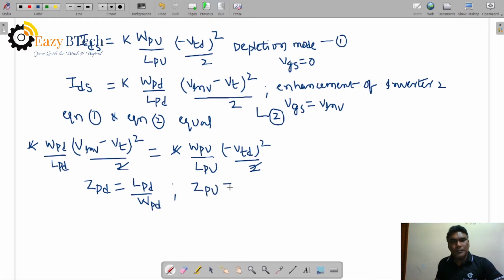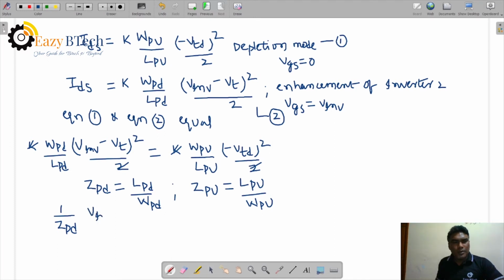Z pull up is equal to length pull up by width pull up. Okay, we can write the above equation as 1 by Z pull down, which gives the same W pull down by length pull down.